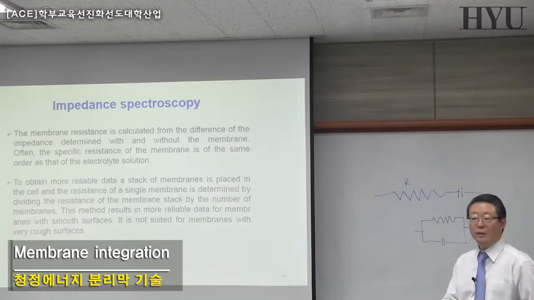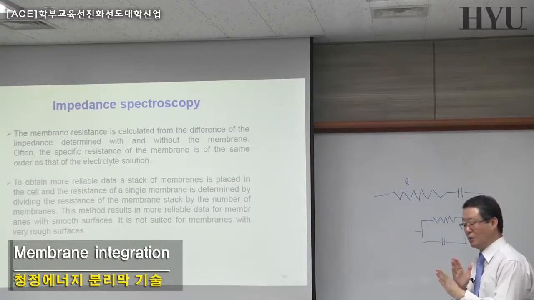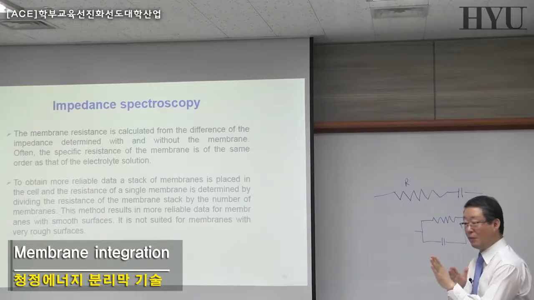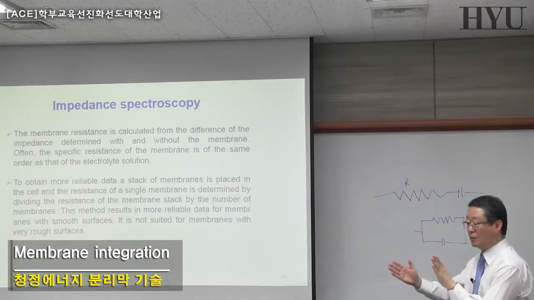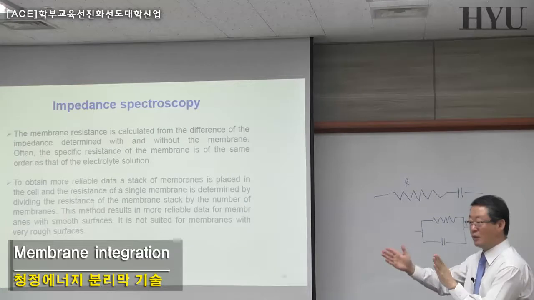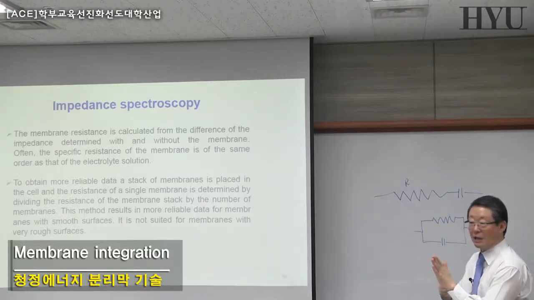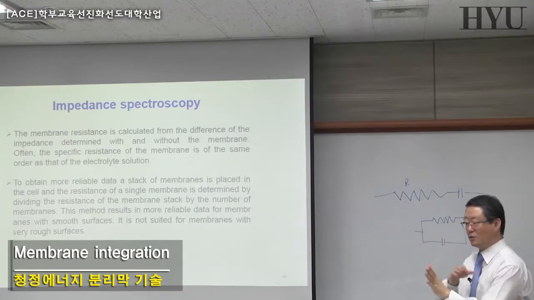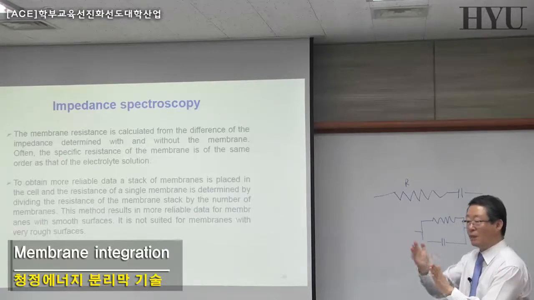In order to obtain more reliable data, we once measured the resistance of a single membrane, but if you have many of those membranes in series, what we call a stack, and you measure the resistance of the total stack and divide it by the number of membranes, then you can calculate the membrane resistance of the total system.